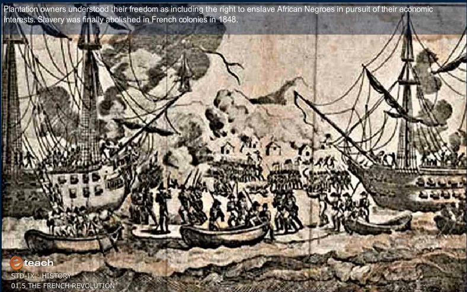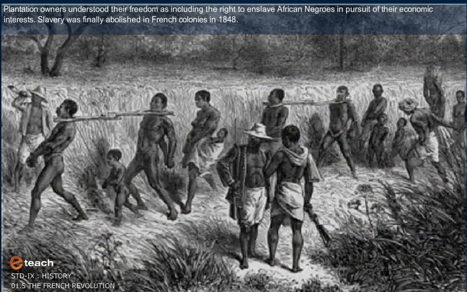Plantation owners understood their freedom as including the right to enslave African Negroes in pursuit of their economic interest. Slavery was finally abolished in French colonies in 1848.